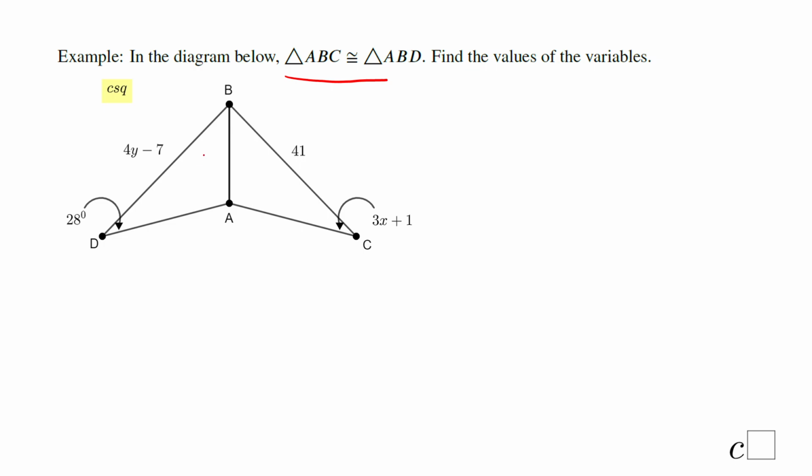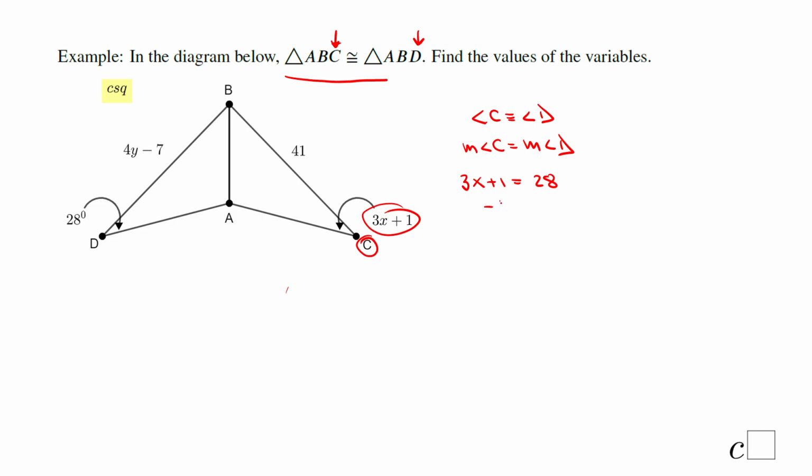So let's start with x. If we look, x goes with what? With angle C. So the best thing to do is to look at your statement. Angle C matches angle D. Angle C congruent with angle D, which means the measure of angle C equals the measure of angle D. Now we can write the equation: angle C is 3x plus 1 equals 28.